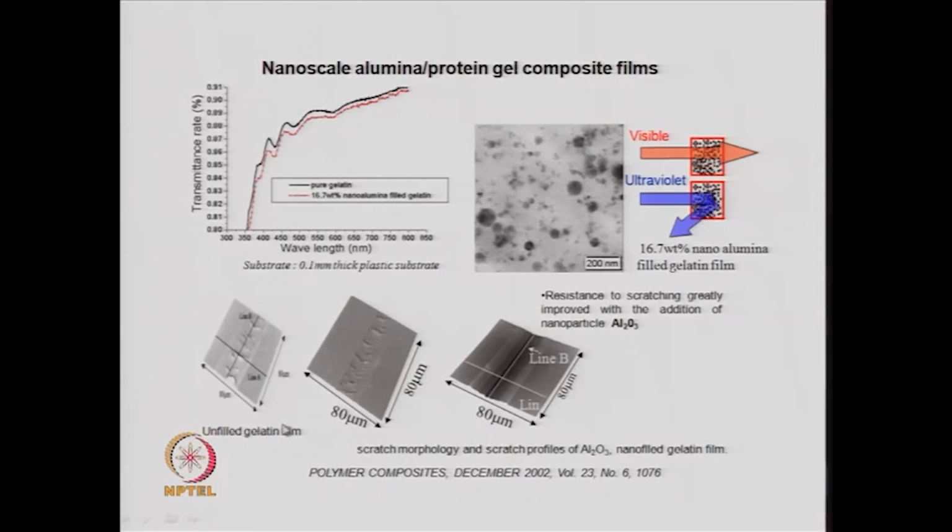Now, if you add some nanoparticles and then do a scratch test, you see the scratch is now less visible than in the film where there was no nanoparticle. If you increase the amount of nanoparticles in the film, then you can hardly see any scratch on this film where the amount of nano alumina has been increased.